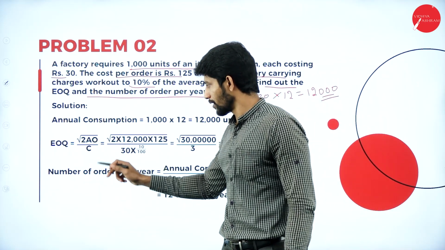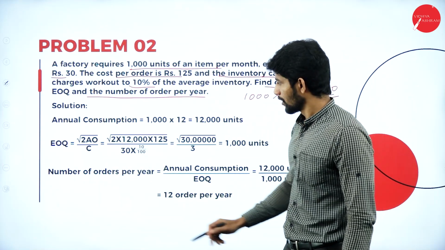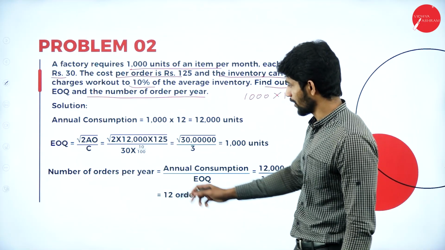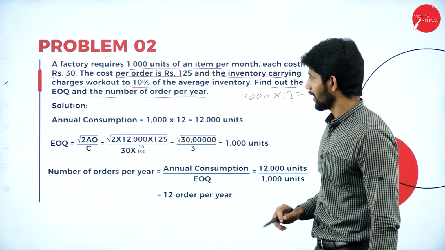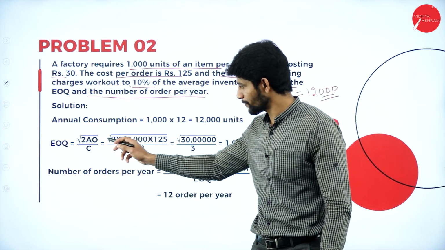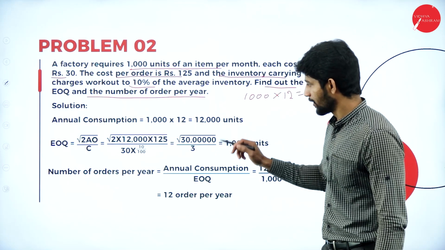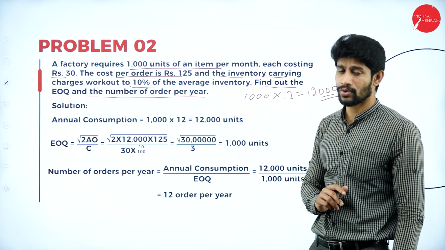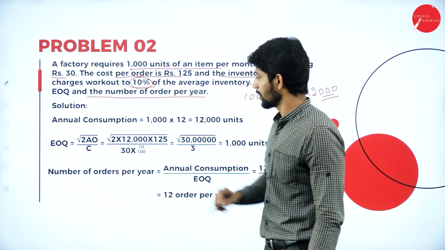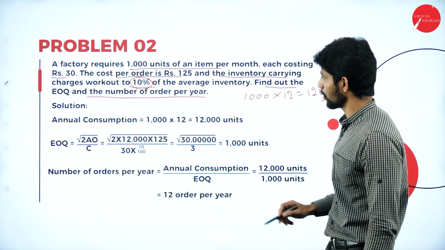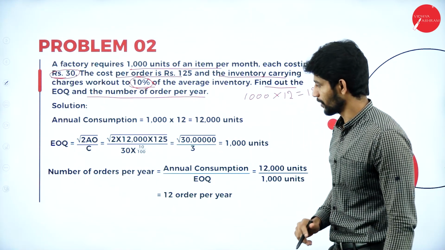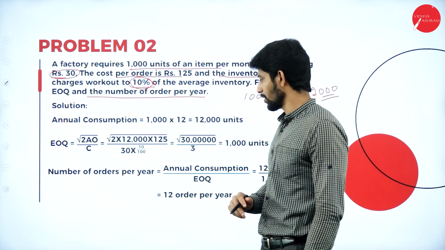So 2 into annual consumption, 12,000, into the cost per order, 125, divided by carrying cost. Carrying cost is 10% of the cost, that is 10% on 30 rupees.